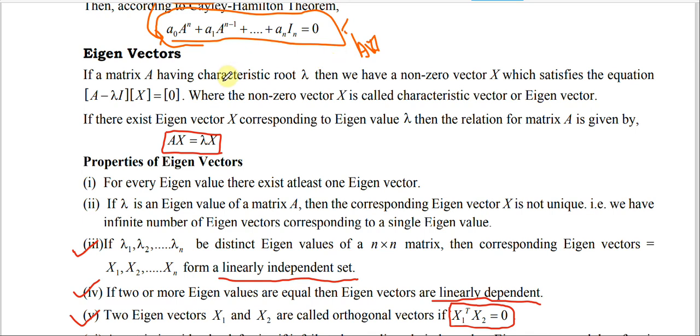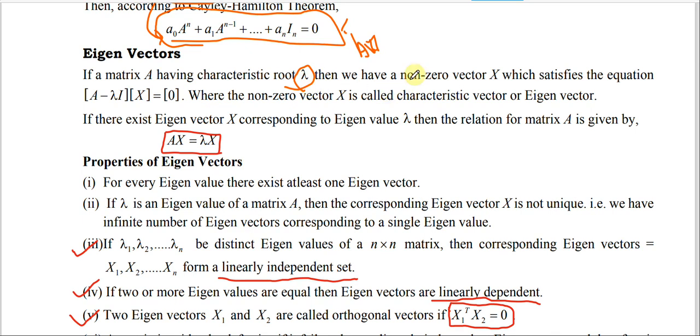Now next is the eigenvector. If a matrix A has characteristic roots lambda, which are its eigenvalues, then there will be a non-zero vector x for which the characteristic equation multiplied by x equals 0. This x is called the characteristic vector or eigenvector.